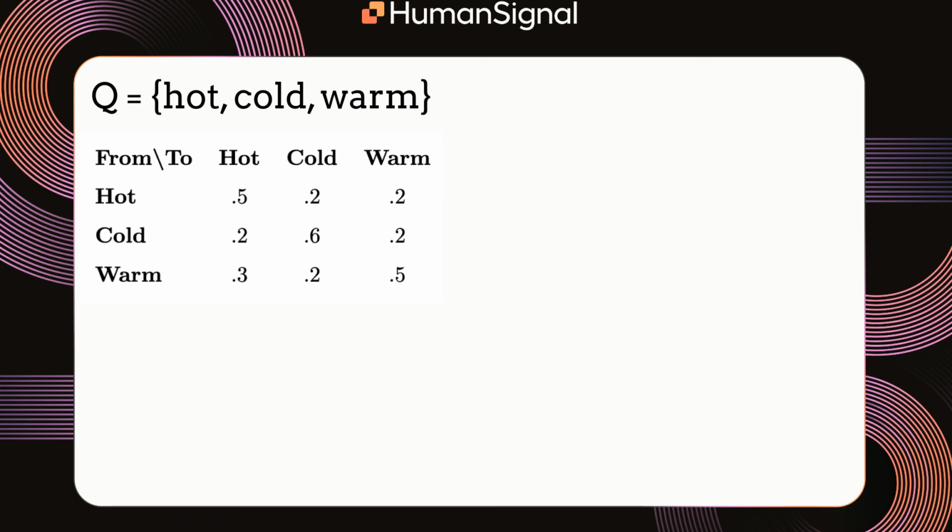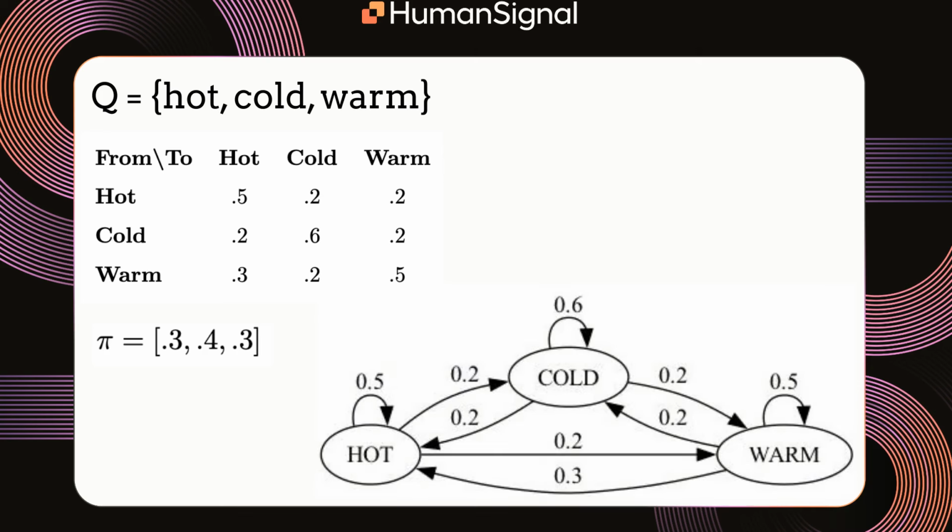Finally, we need pi, the initial states. This is the probability that we start the chain in some state. Here, ChatGPT generated the following random set. Pi is equal to 0.3 for hot, 0.4 for cold, and 0.3 for warm. Markov chains are called chains because the states can be chained together via their transition probabilities. The image on the screen shows what the visualization of this example Markov chain would look like.